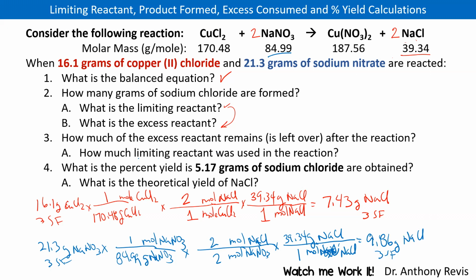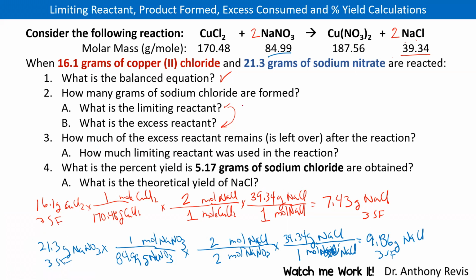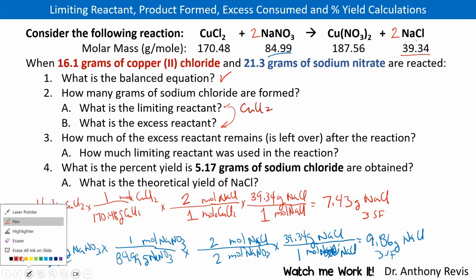So if I look at this, what we discover is the least amount of sodium chloride is formed from copper chloride. Therefore, copper chloride would be my limiting reactant. So I would say copper chloride right here is my limiting reactant.